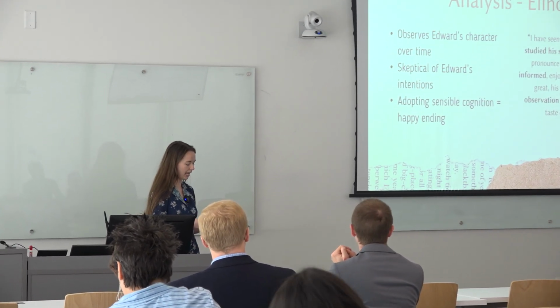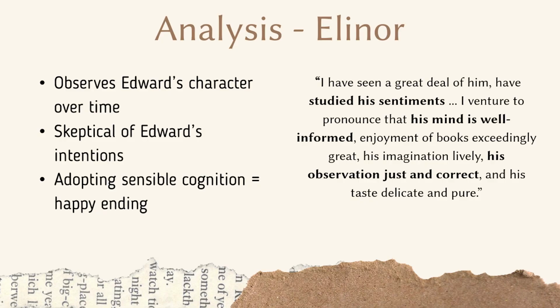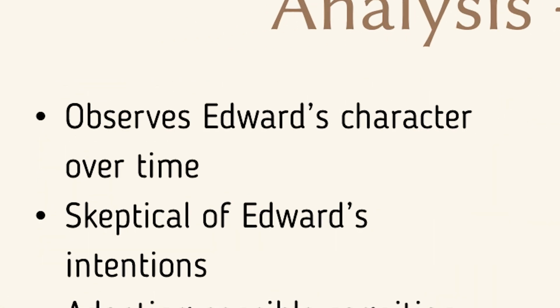So to look at Eleanor's character and how she uses a rational cognition, she observes her love interest over time. So rather than falling in love with someone that she just met, she analyzes his character.